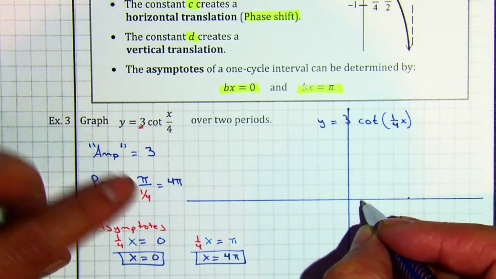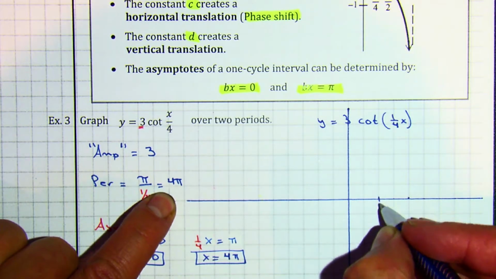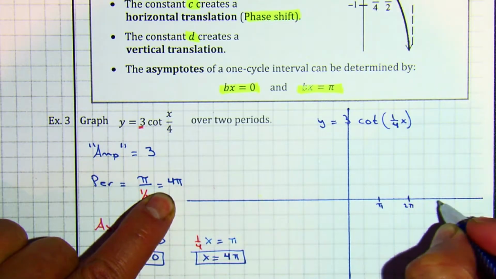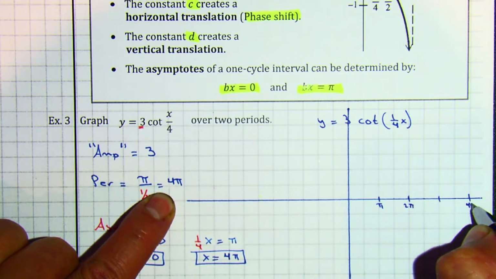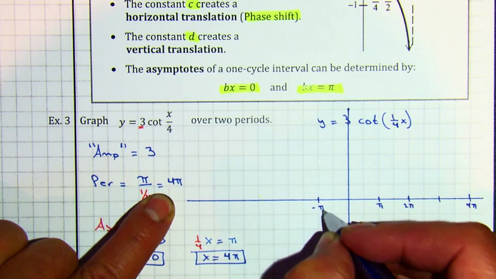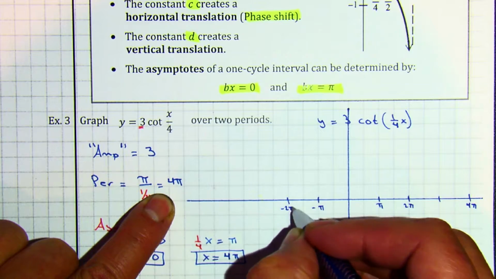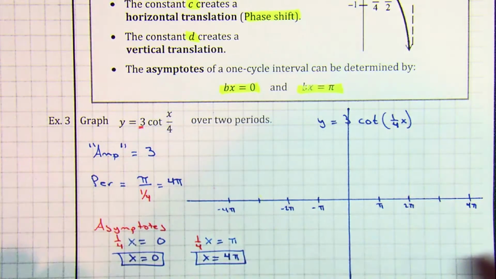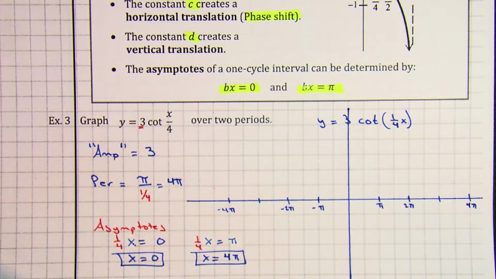Actually, I need 4 pi for one period, so this will be 1 pi, 2 pi, 3 pi, and 4 pi. So the last will be negative pi, negative 2 pi, negative 3 pi, and negative 4 pi. My first asymptote will be at 0.